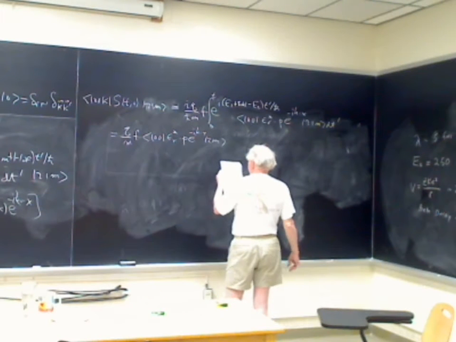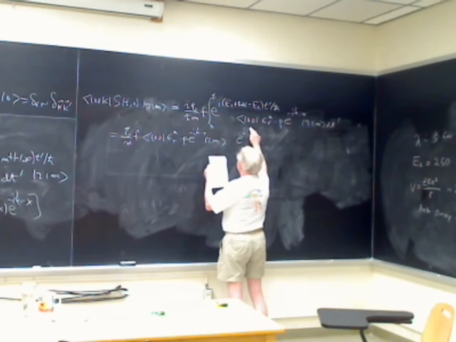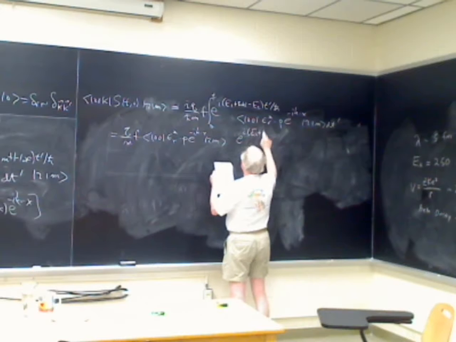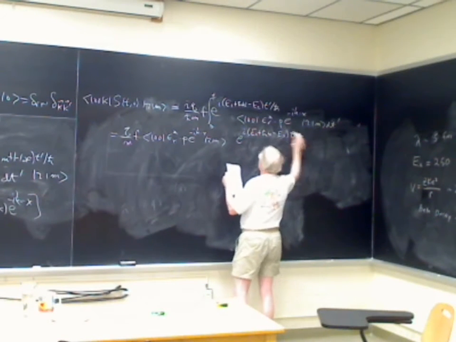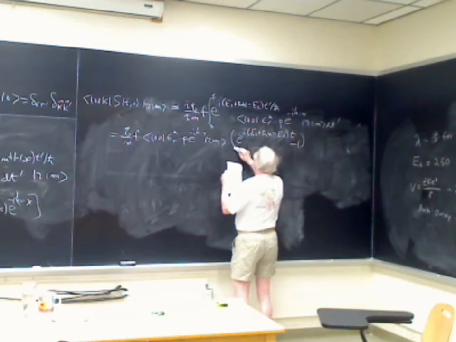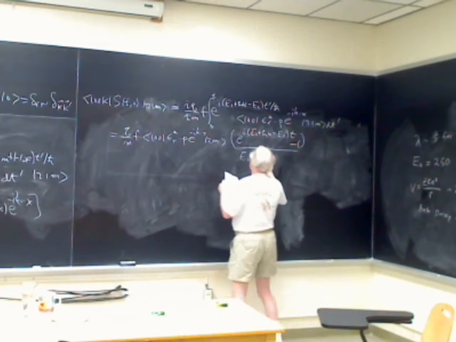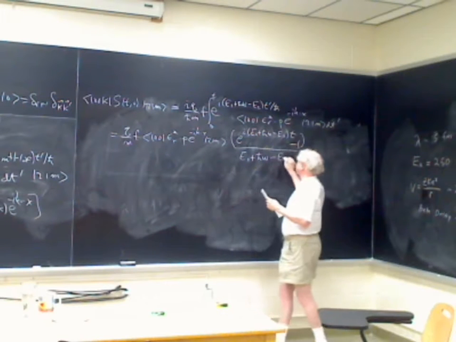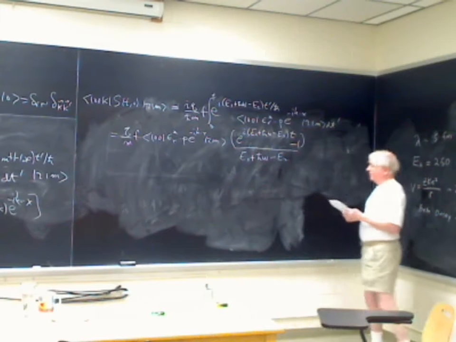And then this integral over time gives us just e to the i (E1 plus h bar omega minus E2) t minus 1, all that over E1 plus h bar omega minus E2. Okay, so that's the whole expression.